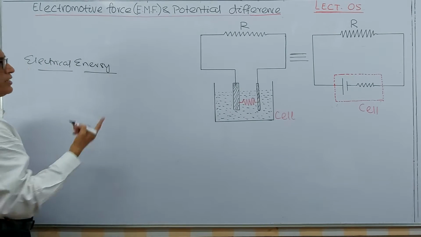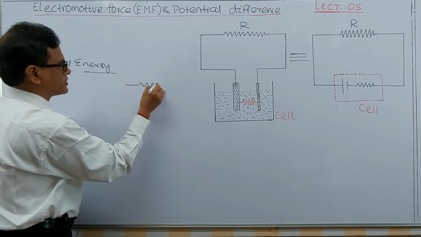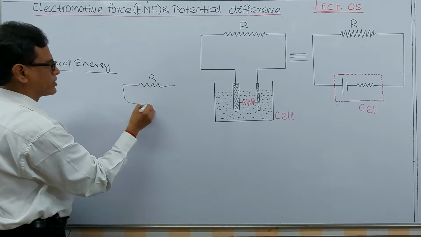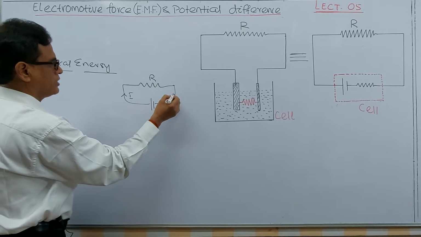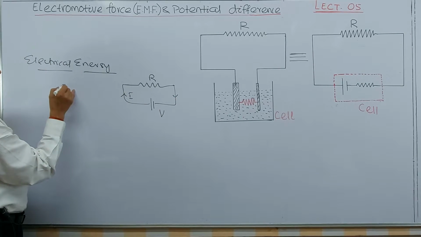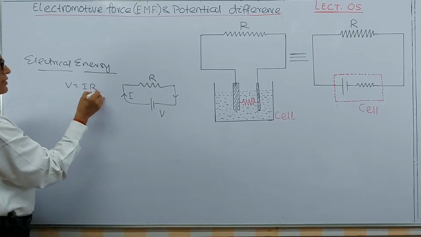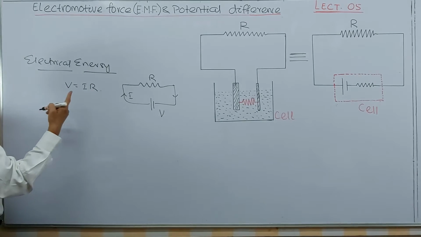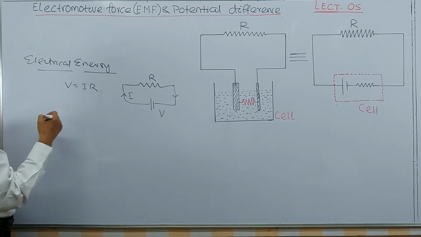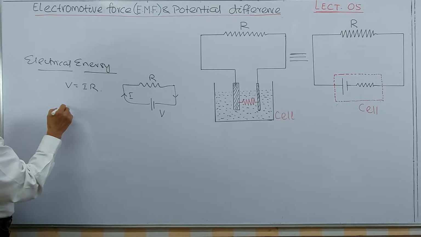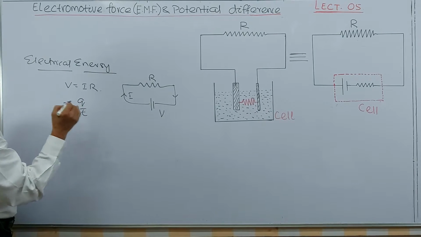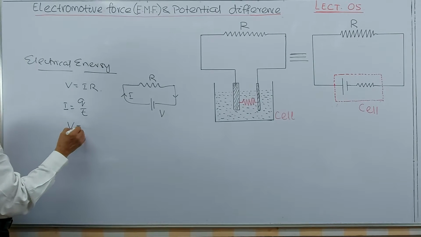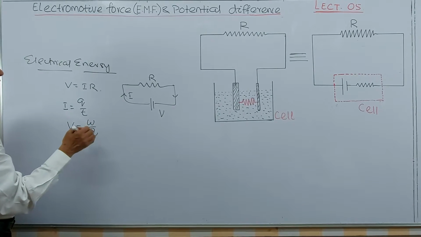Electrical energy. Now you see, if there is a resistance, for example resistance R, and you are connecting a voltage, potential difference V, and current I, Ohm's law tells that V equals IR. By definition, current equals, at any instant, charge by time. And you know the formula V equals W by Q. What is W?